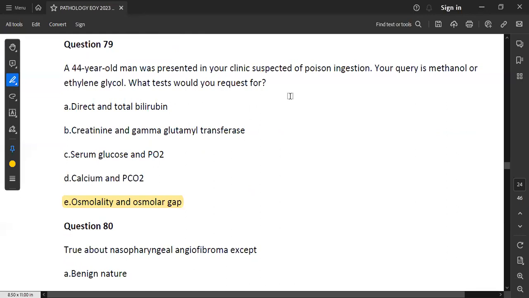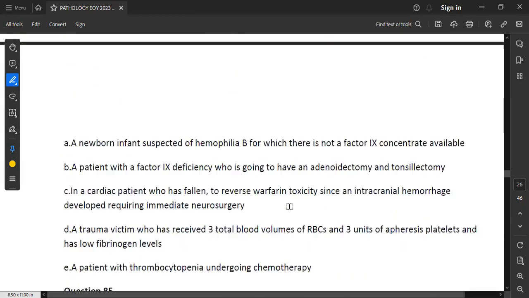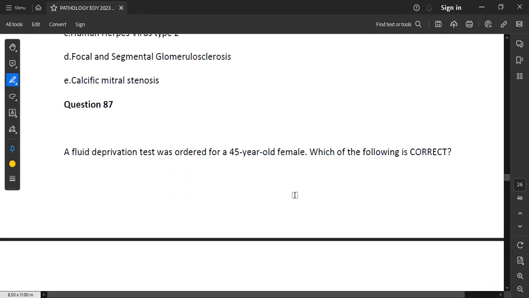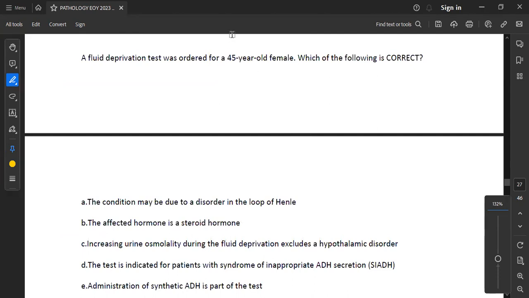Number 87. Should we explain that? Yeah, 87. On this question, a fluid deprivation test was ordered for a 45-year-old female.